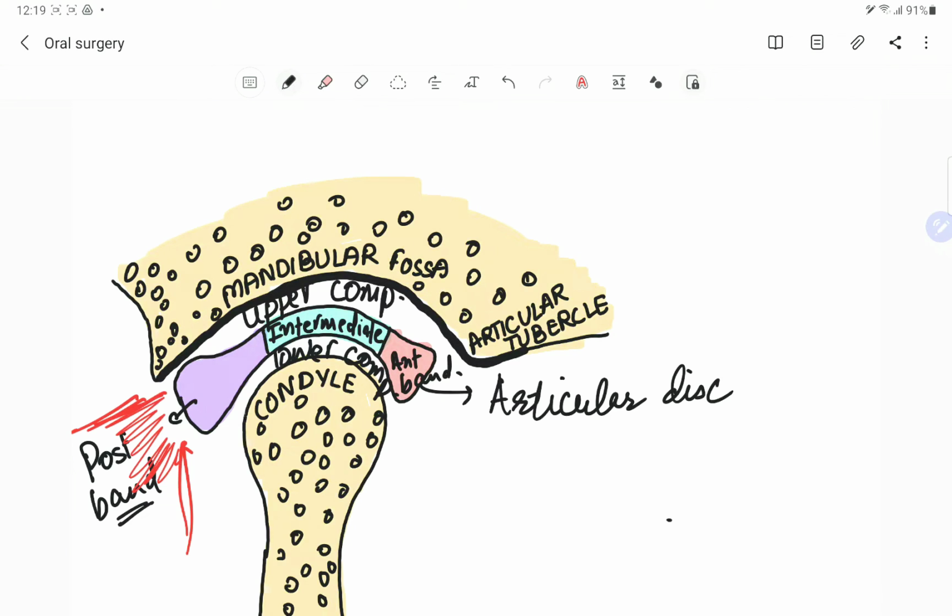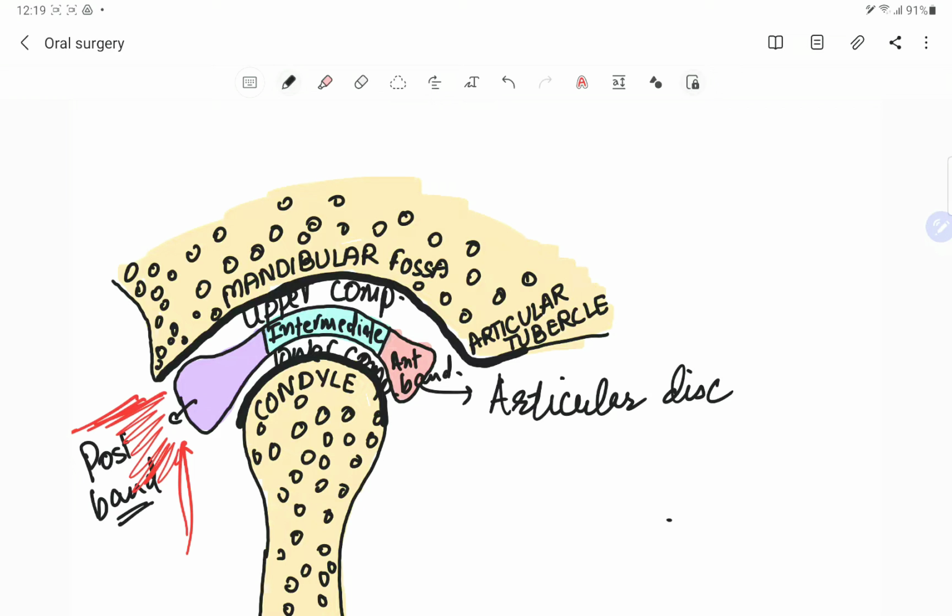The lower compartment, if you see, is along with the condyle. As you can see, this condylar head is a kind of round, so you can remember that the lower compartment is involved with the rotation movement.